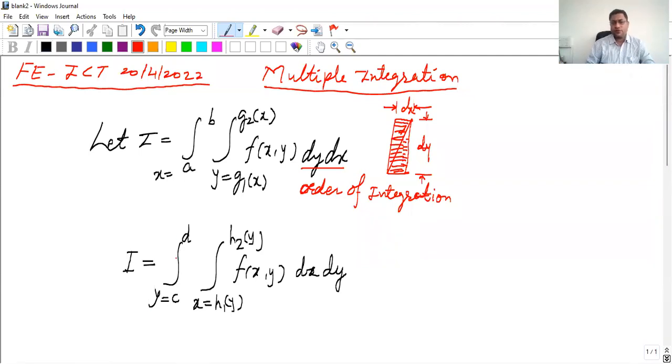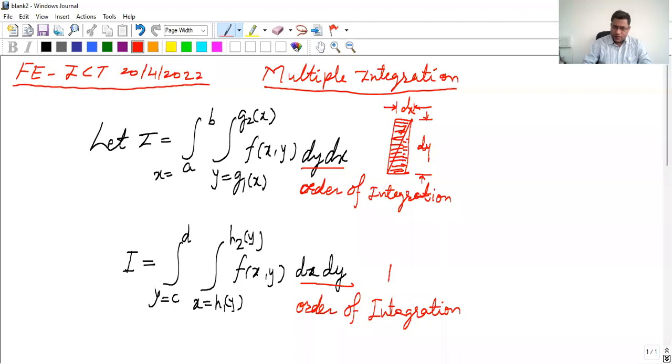So in this integral, dx dy is the order of integration.